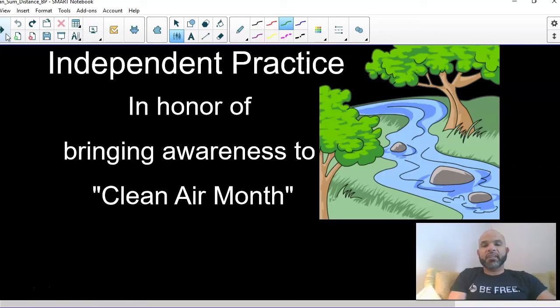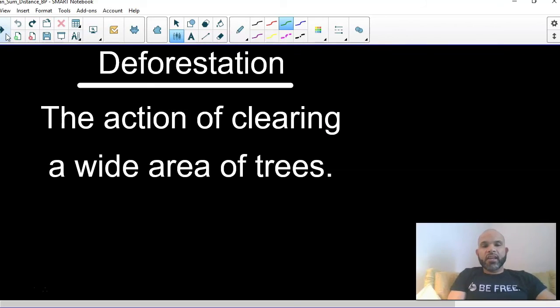Now, independent practice today is in honor of bringing awareness to Clean Air Month, okay? Clean air, right? So we're going to get into it by talking about deforestation, which is the action of clearing a wide area of trees. That's what deforestation means, okay?